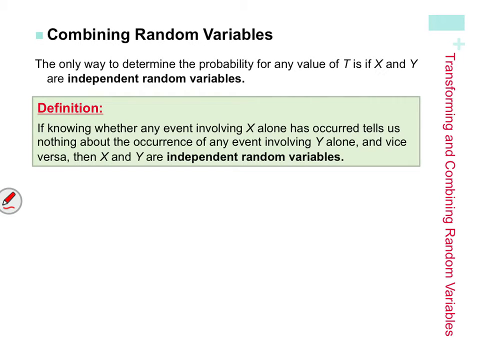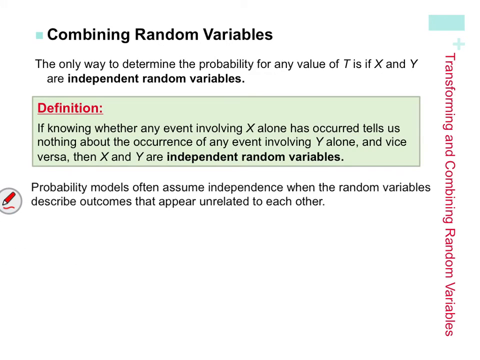So probability models often assume independence when the random variables describe outcomes that appear unrelated to each other. So you should always ask whether the assumption of independence seems reasonable.